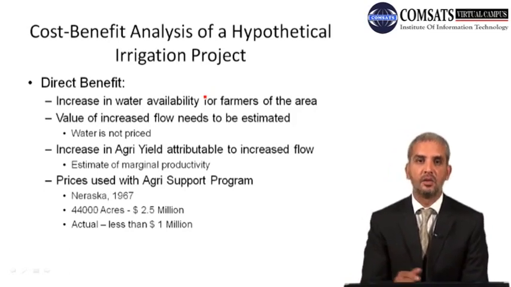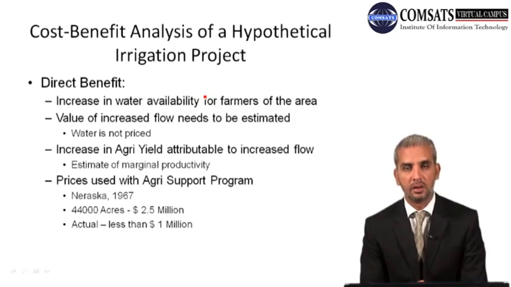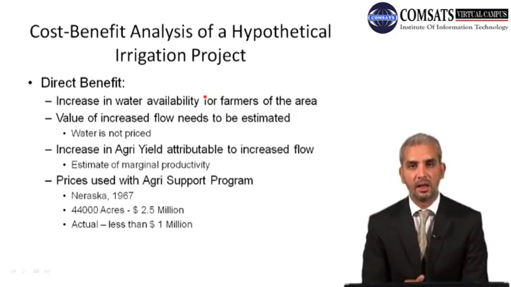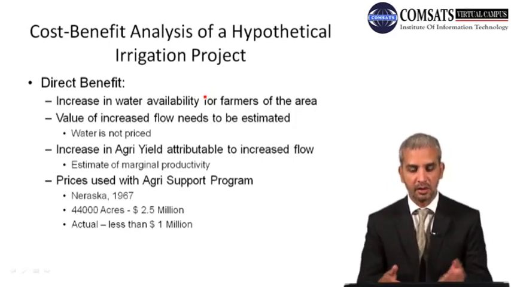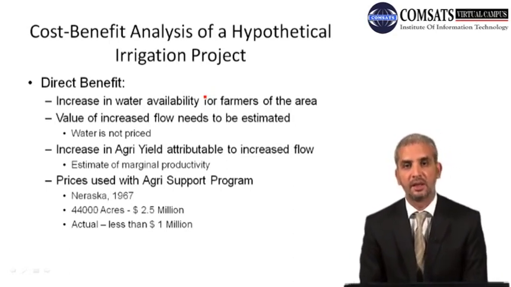So there was an error there, which we discussed earlier, that it is very important to eliminate any errors or mistakes that might occur while evaluating a project. When the project was recalculated, the actual benefit was less than $1 million.